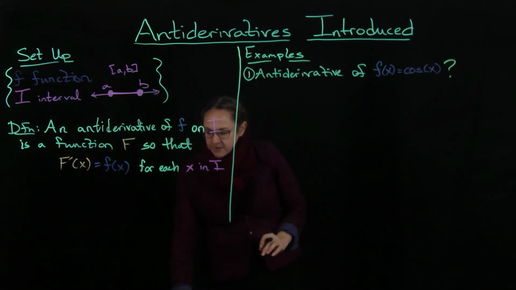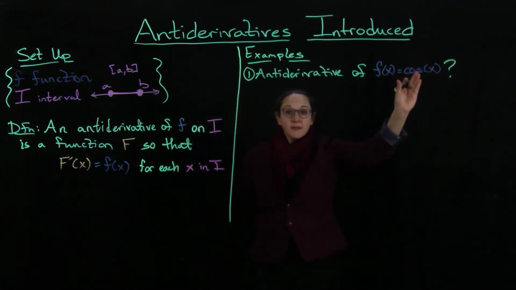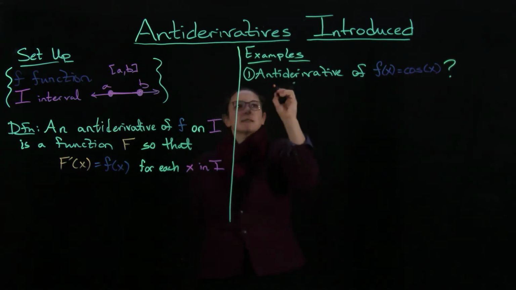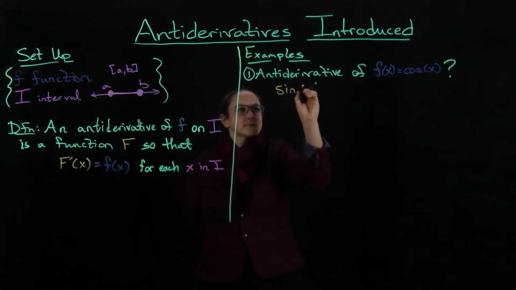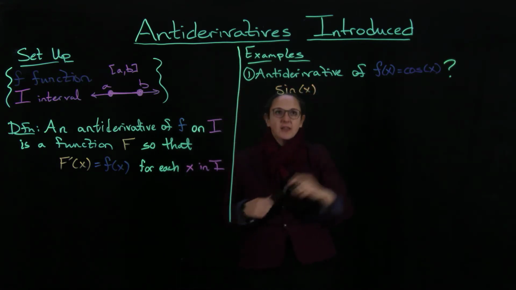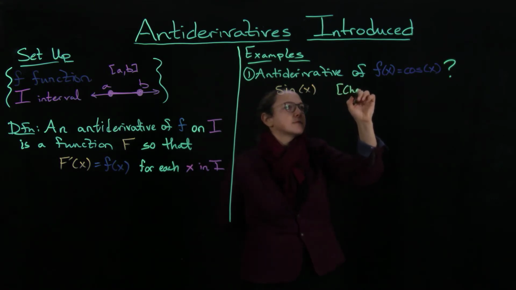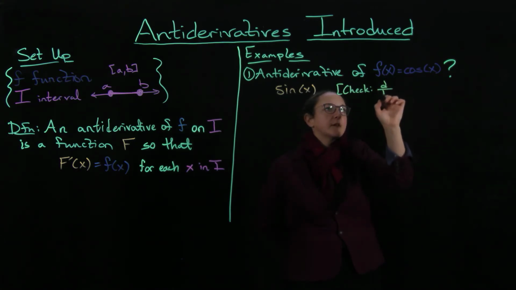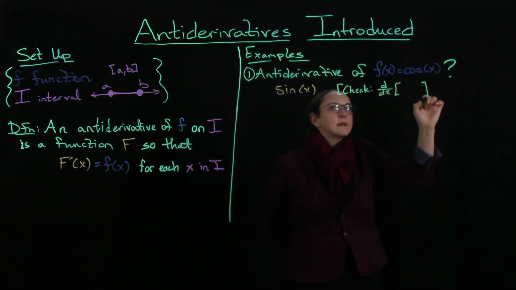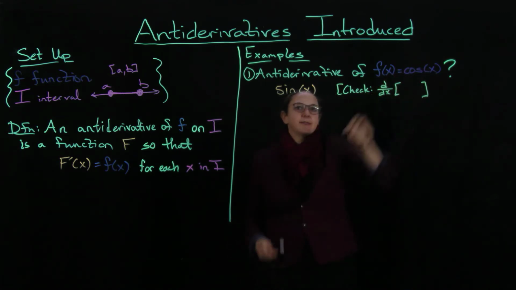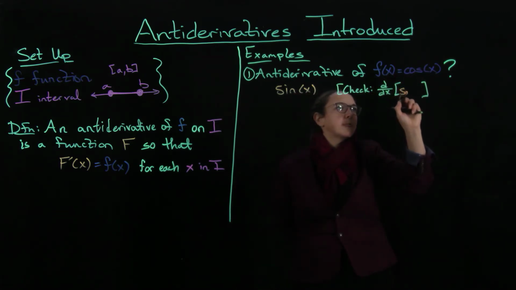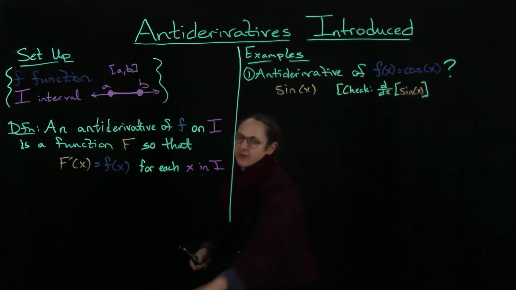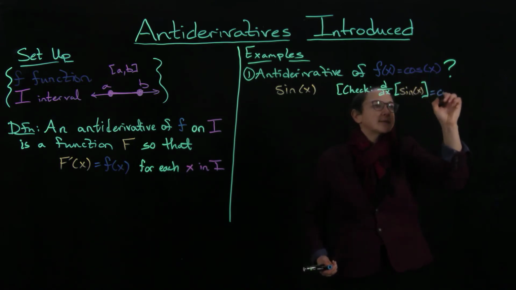Okay. Well, what is a function whose derivative is going to give you cosine of x? It's going to be sine of x. And then let's go ahead and check that. So if I take the derivative with respect to x of this, I want to get that. It's a little bit backwards from what you did before. So the derivative of sine of x with respect to x is indeed precisely what I want, my function cosine of x.